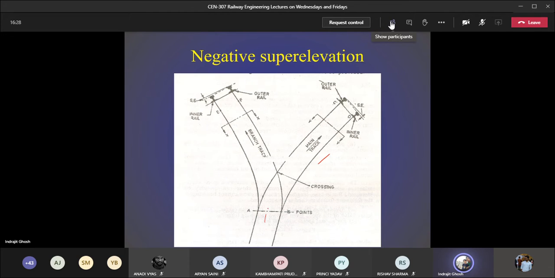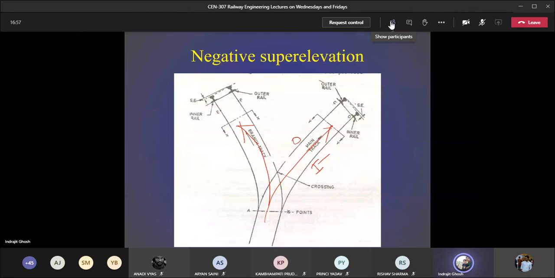Okay, so this is the main track. This is the branch line. Now for the main line, this is the outer rail, this is the inner rail. From our knowledge of super elevation or cant, the inner rail is the reference line, and we need to provide the super elevation, the higher elevation, to the outer rail.